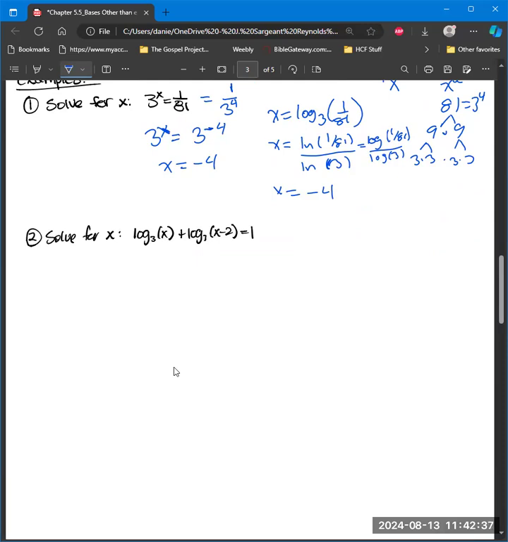All right, so we're going to now talk about how we can use our log properties to help us rewrite this logarithmic equation into an exponential equation. Let's remember our triangle of power that I've told you about, that 2 to the 3rd is equal to 8.